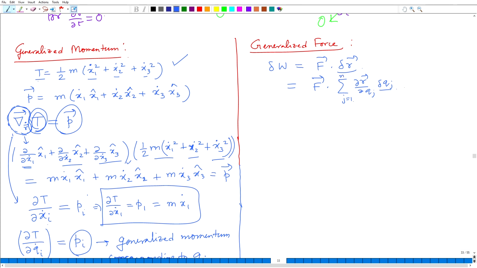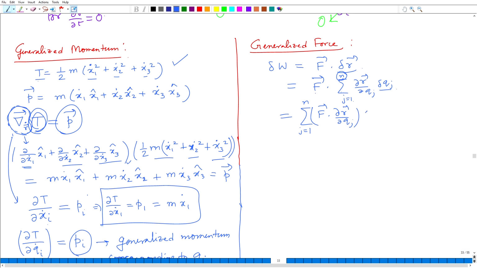Okay. And where n is the number of total generalized coordinates. You can then take F inside this summation, which is over the number of degrees of freedom, the effective degrees of freedom.